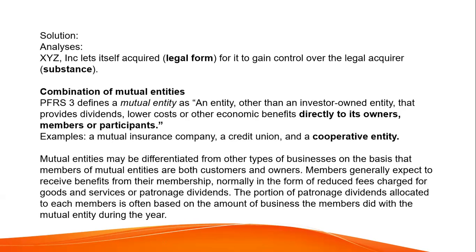So the fair value of the consideration effectively transferred is 400,000. And so the goodwill or the gain on bargain purchase is computed as follows.